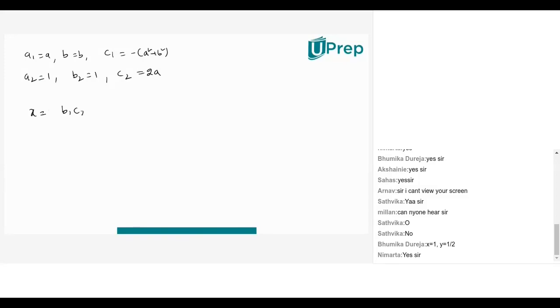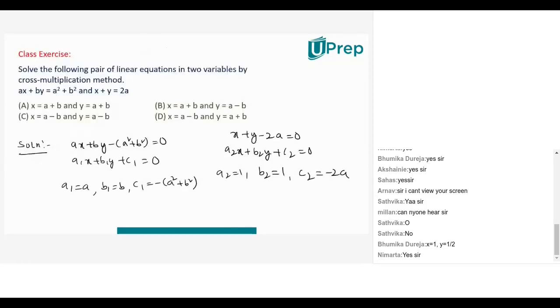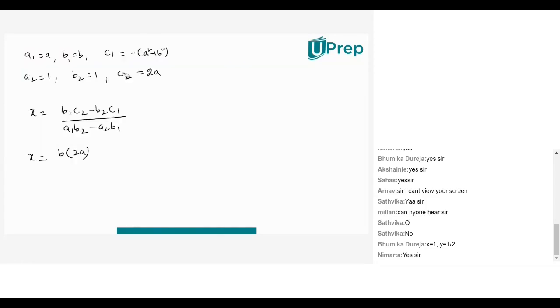Obviously, x is b1 c2 minus b2 c1 by a1 b2 minus a2 b1. Now when you apply this, what is b1? It is b. c2 is 2a. Is it 2a or minus 2a? It's minus 2a, sorry.